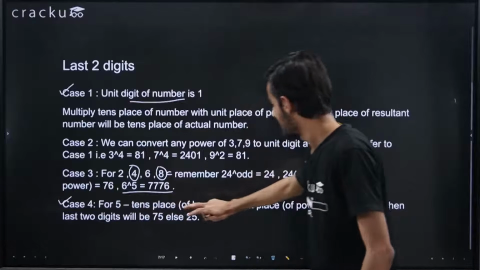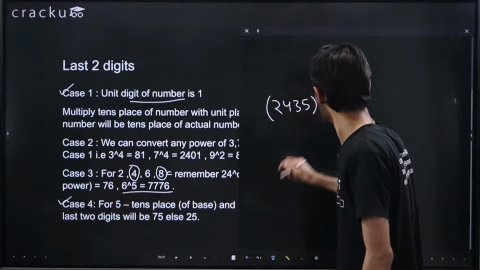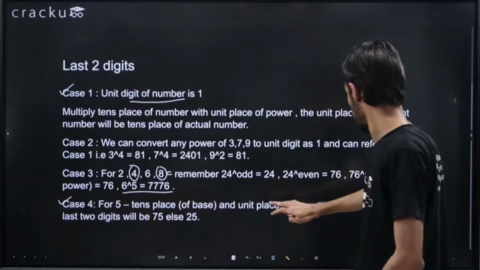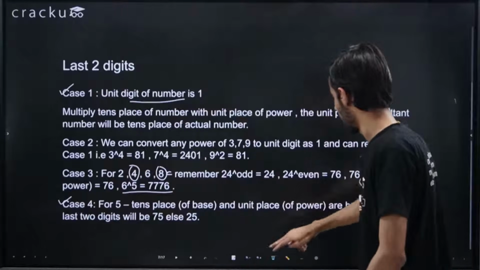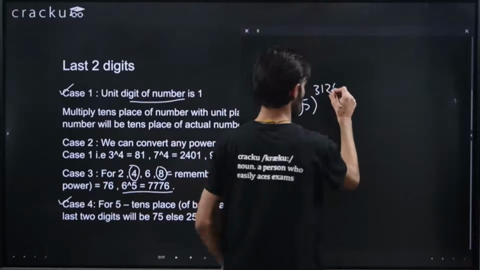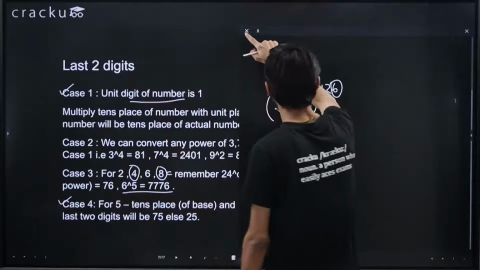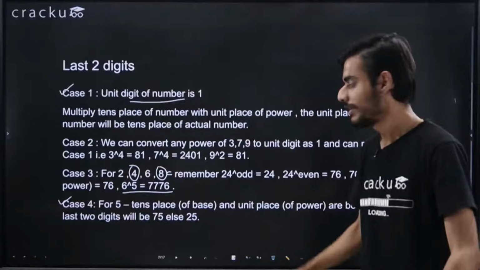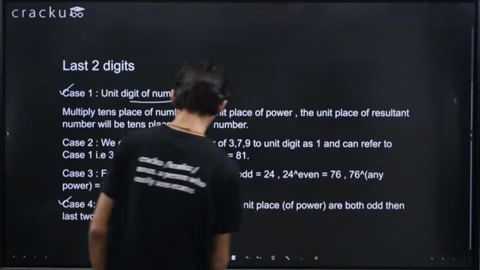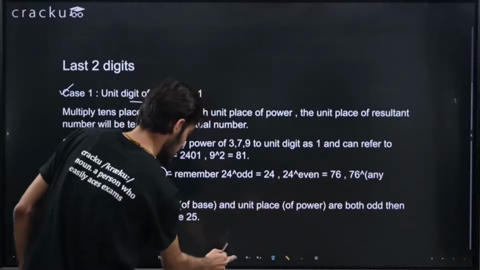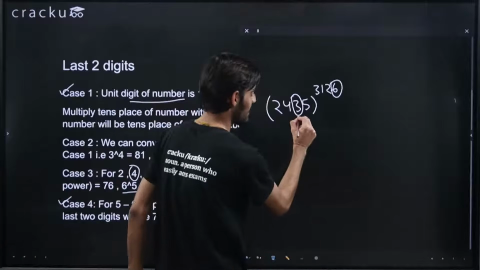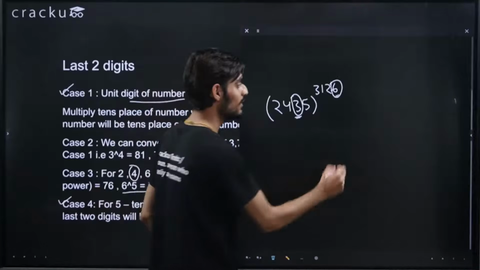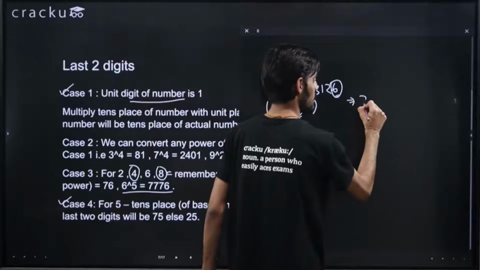So the tens place of base, that is this, and the unit place of power, that is this. If both are odd, then the last two digits will be 75, otherwise 25. Now because one is 3 and one is 6, both are not odd. So the answer will be 25.